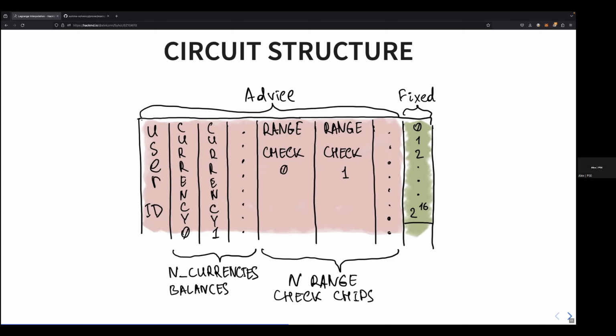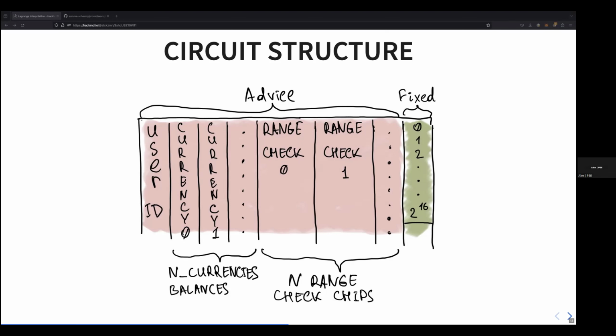So let's imagine that we're dealing with the chunked version of Summa, where instead of one KZG commitment per cryptocurrency balance, we will have, let's say, 10 KZG commitments per balance, because we break down the user base into 10 chunks.